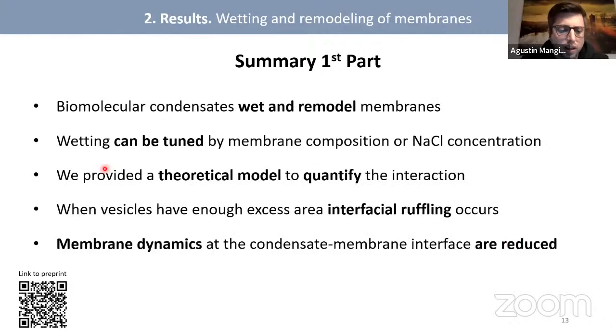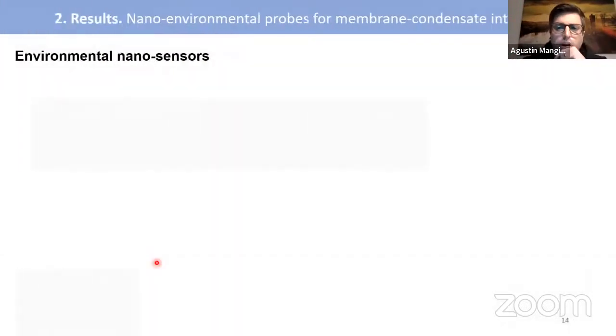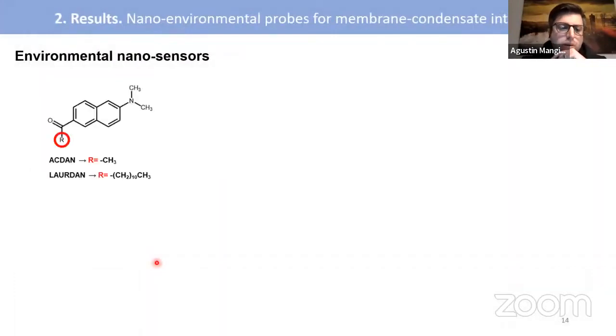And something interesting is that the membrane dynamics in this region of the membrane that is interacting with the condensate are reduced compared to the rest of the membrane. And in order to learn what is happening there, we go to the second part, where we will use these environmental nanosensors.